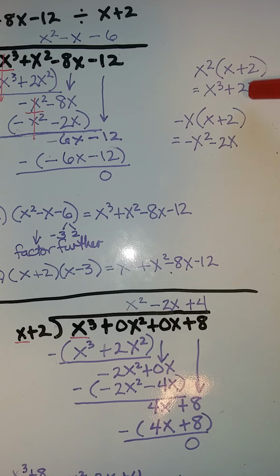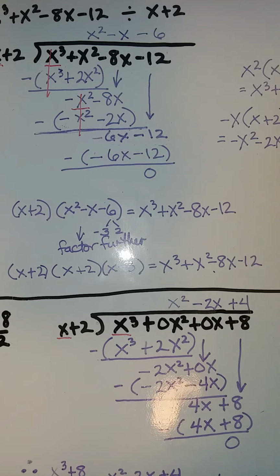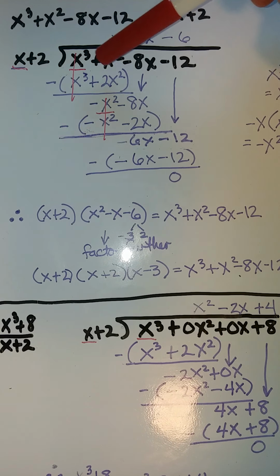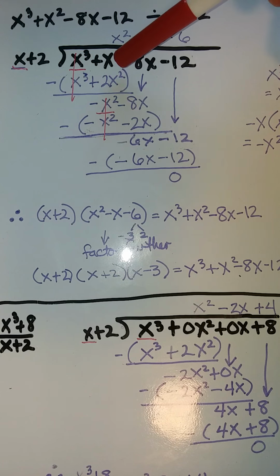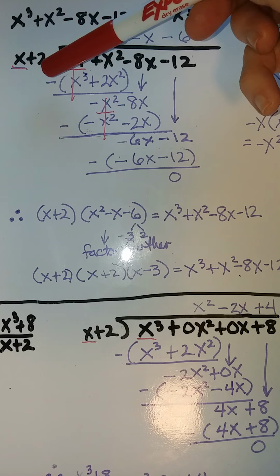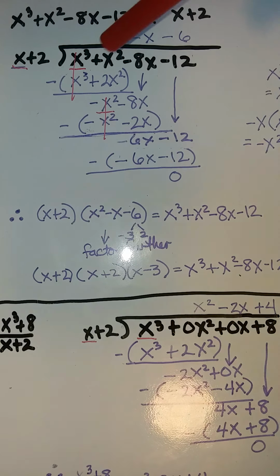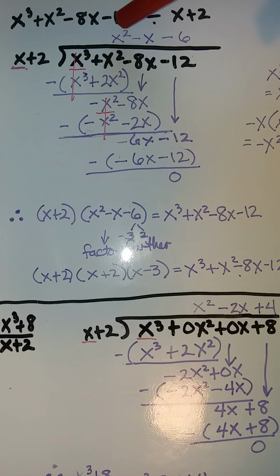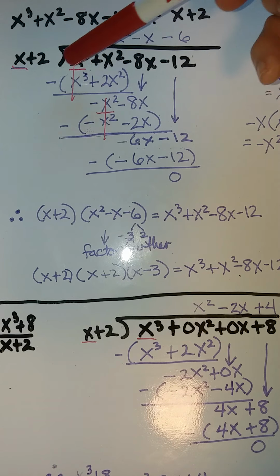So I'm going to have x to the third plus 2x squared. Once I do that, I'm going to write that whole distributed answer down here. I put it into parentheses and put a negative on the outside, because we know that in long division, whatever we come up with is going to be subtracted.